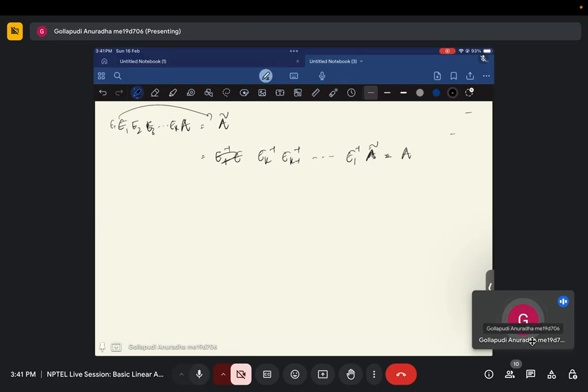For the time being I'm calling these F1 up to Fk minus 1 and so on. So if I do like this, I get the A matrix.